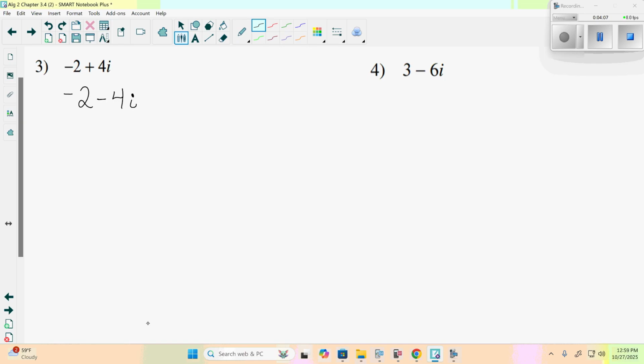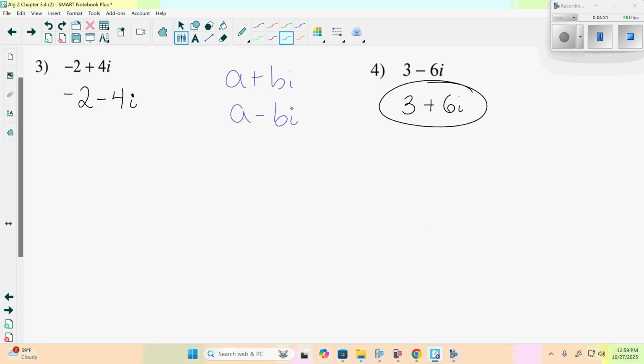How about 3 minus 6I? What would it be? It would be 3 plus 6I. Because if you're given A plus BI, its complex conjugate is A minus BI. If we're given A minus BI, its complex conjugate is A plus BI.